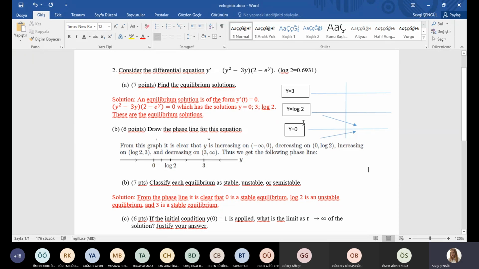Okay, just choose one value in those regions, put it in the right hand side, look at the sign. If it is positive, put the arrows increasing. If it is negative, put the arrows decreasing. Or if it is positive, put the arrow pointing to the right. If it is negative, put the arrow pointing to the left. And then check how the solutions are behaving. Is it approaching? Is it diverging? Okay.